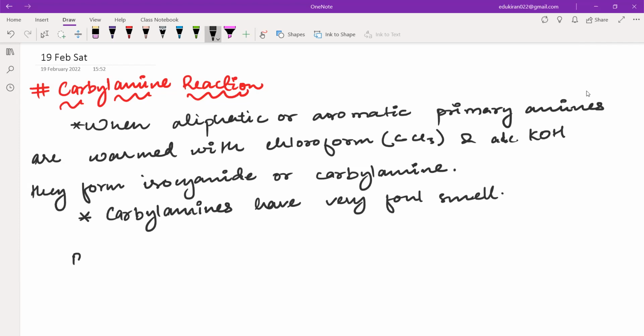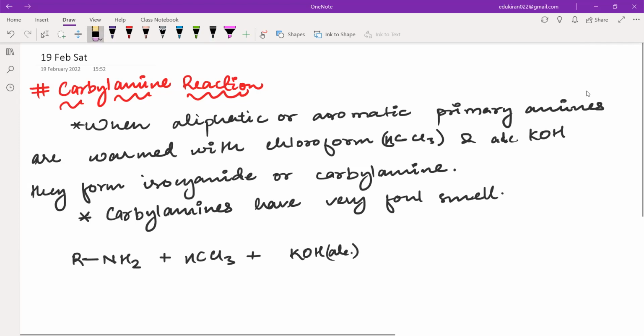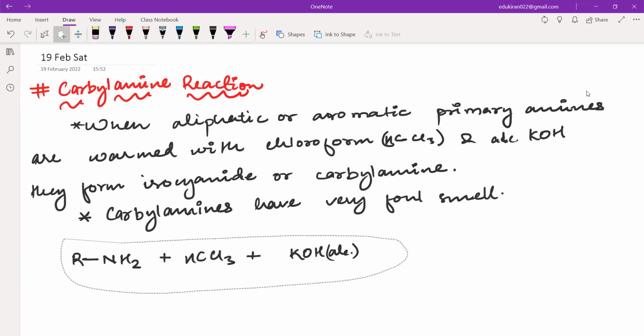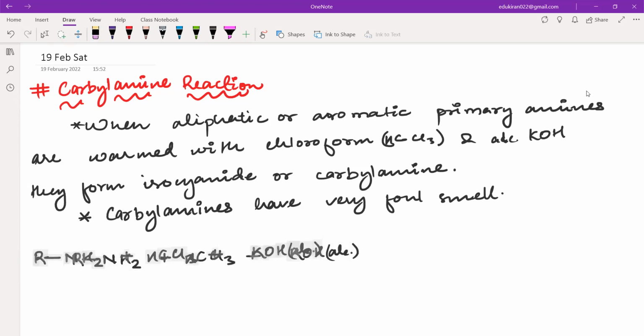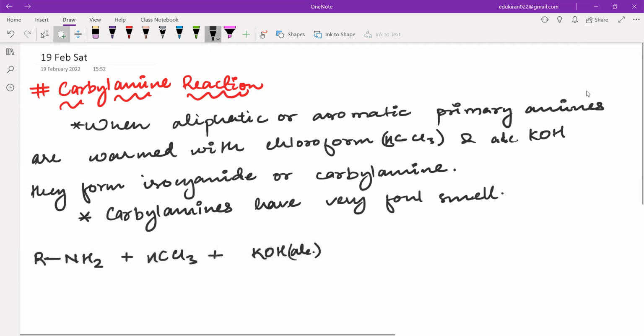So you have RNH2, which is a 1 degree amine. It reacts with chloroform, CHCl3, plus alcoholic KOH. That means an alcoholic solution; we have aqueous solution, similarly we can also have alcoholic solution. Alcoholic solution means you are preparing KOH in ethanol or methanol, any alcohol.